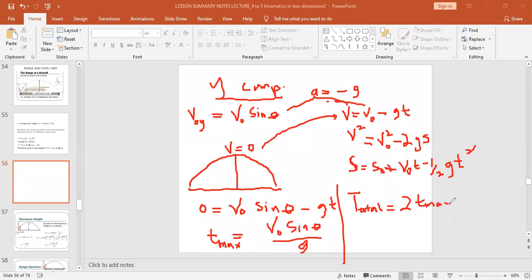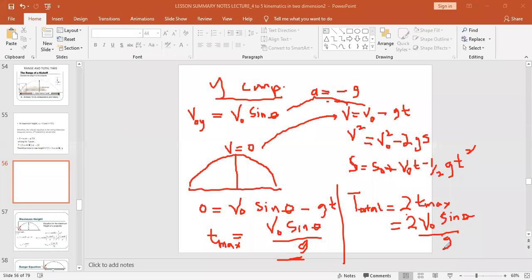If you want the formula, that is going to be two times this formula here, which will be 2 times V naught sine theta over G. So that is how we get the time of total flight as well.